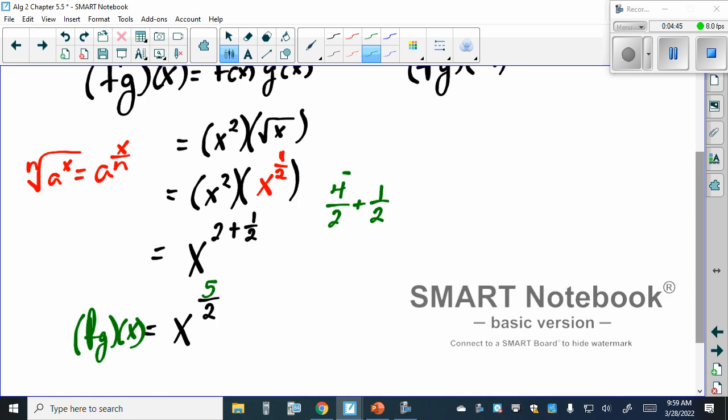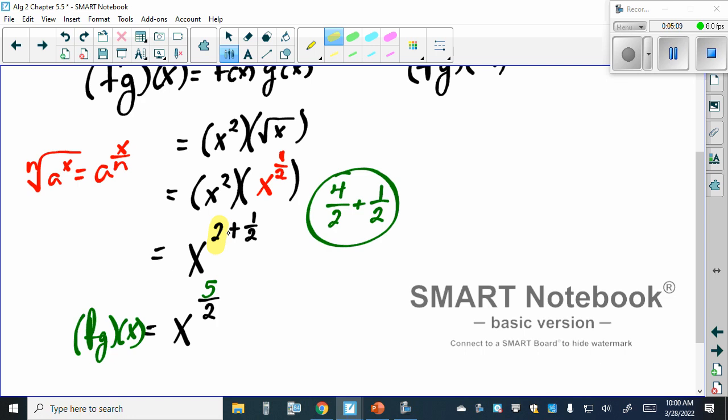To add these together, since the 2 here doesn't have a denominator that's the same as our 1/2, we have to make it so. So turn it into 4/2, which is the same as 2, and then we can add them together. We could have also just done this in the calculator, plus 1/2, hit enter, and gotten it that way.